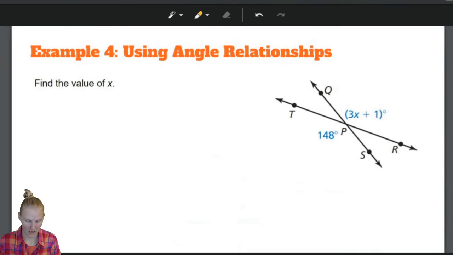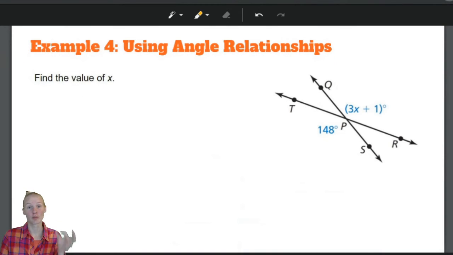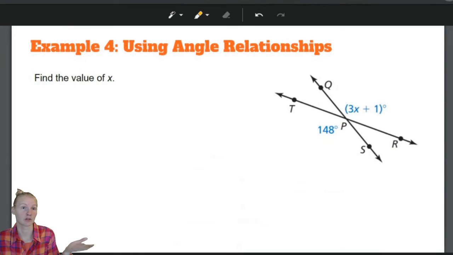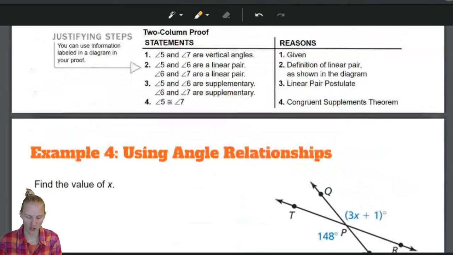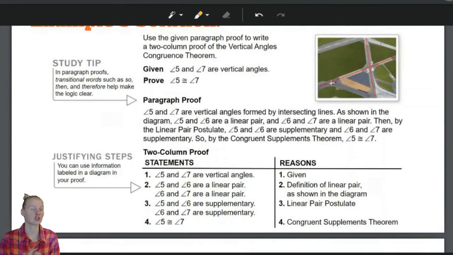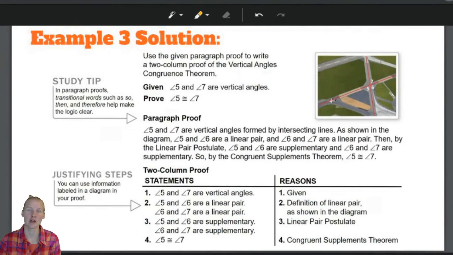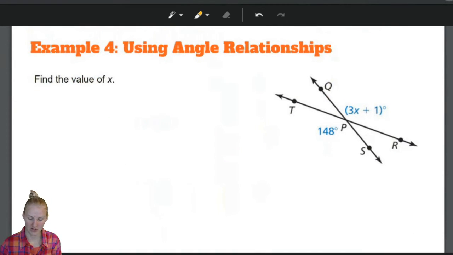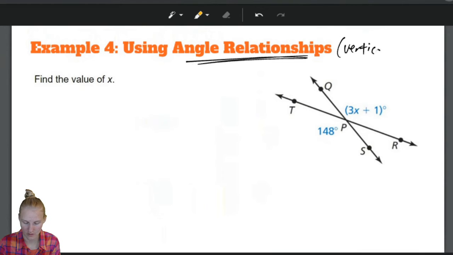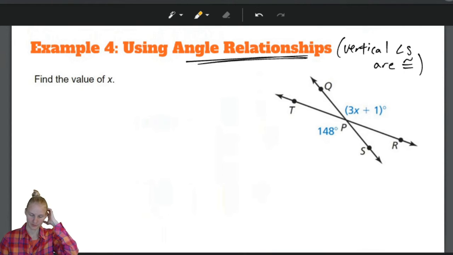Beautiful. Okay, we're going to step away from proofs for just a second, because the book kind of tells us to, but also we want to be able to use this. You have just proven that vertical angles are congruent. So now we're going to use this relationship.